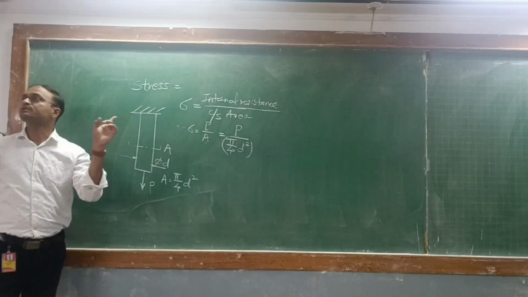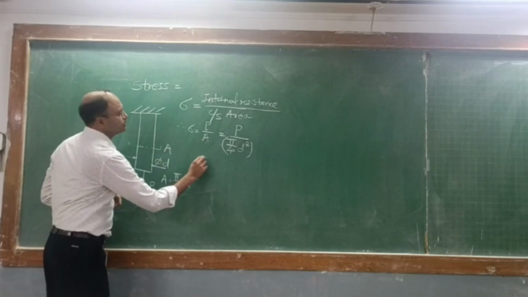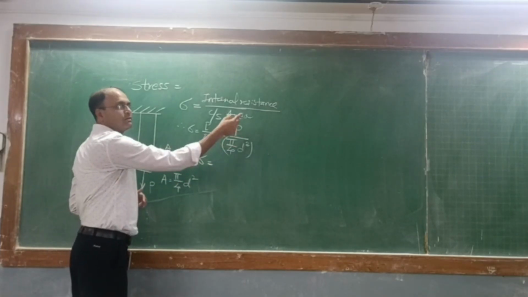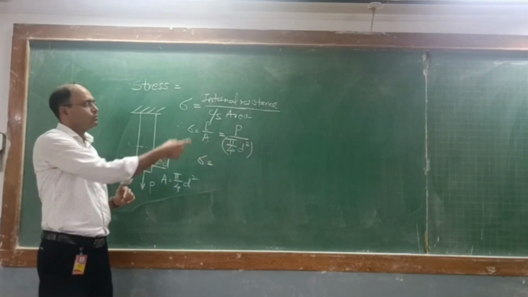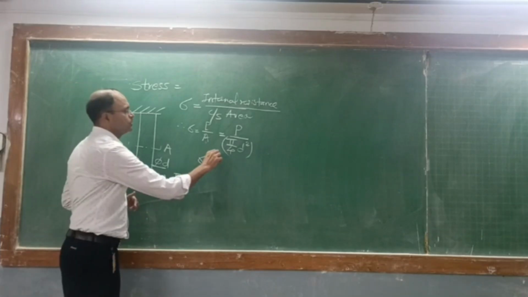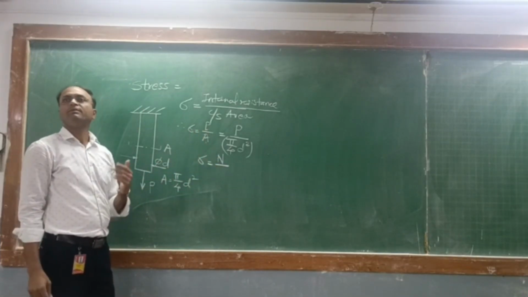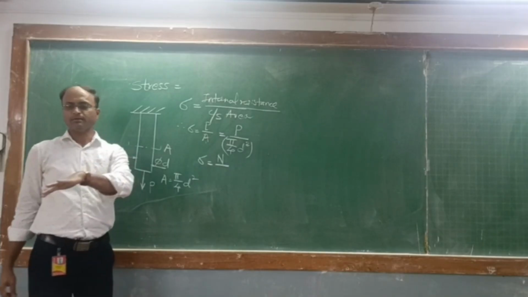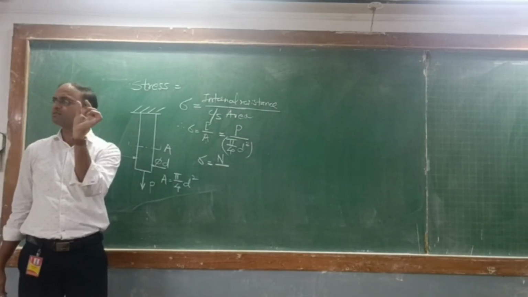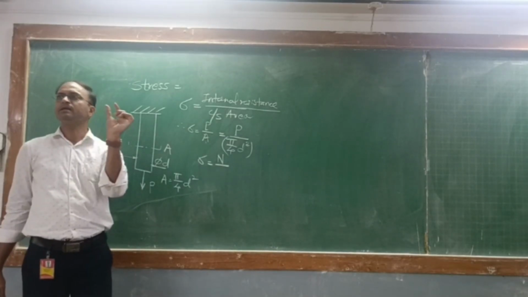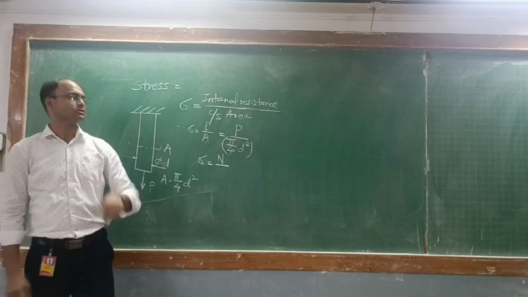Have you understood? Unit of stress is? Unit of stress will be unit of force divided by unit of area. Unit of force is Newton, and that of area is meter square or millimeter square. Generally mechanical elements are very small in dimensions, that's why area is specified in millimeter square.